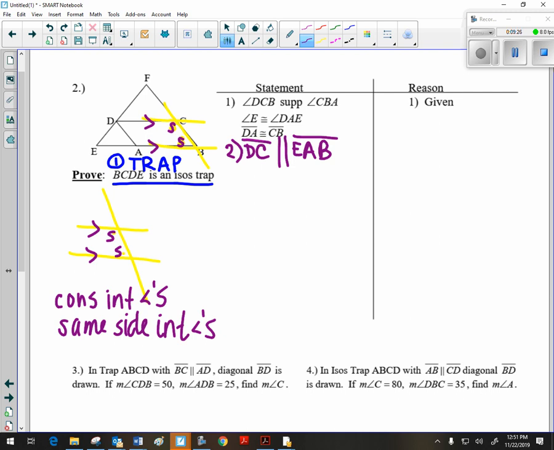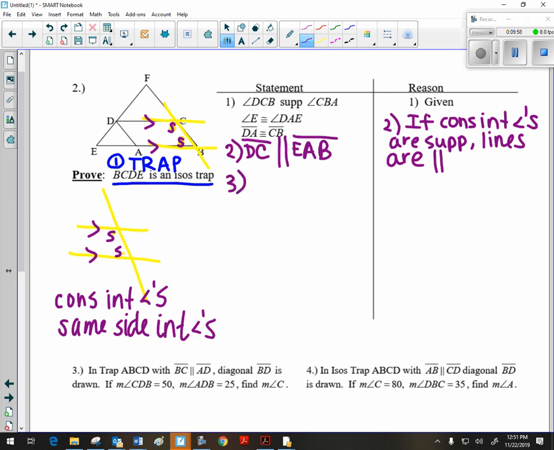I'm just going to use three letters as a reminder that if you ever see that, it means a straight line that goes from E to A to B. And I'm going to say here, if consecutive interior angles are supplementary, lines are parallel. That is one of the things we did talk about way back when we did parallel lines. We just don't use it much, so it doesn't show up very often, but it is good to know.